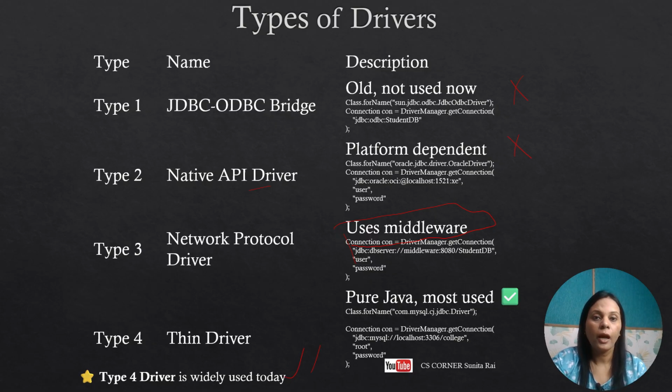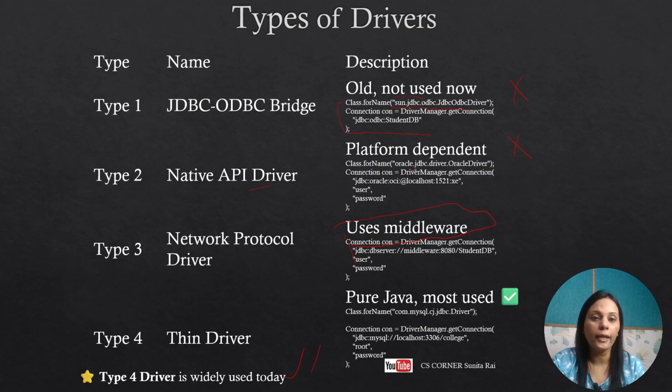And guys, I have shown you some code over here. Now you don't focus on this code. I've just given you this code so that you understand, whenever you are writing a JDBC program, how the driver actually looks. So you know sun.jdbc.odbc, JDBC ODBC driver, this is the driver name if you want to connect to Access database or Excel database.